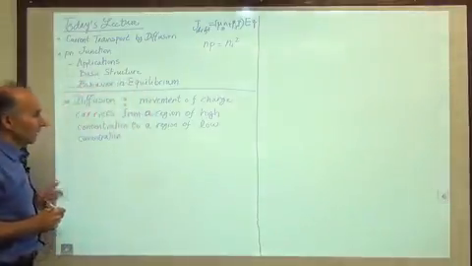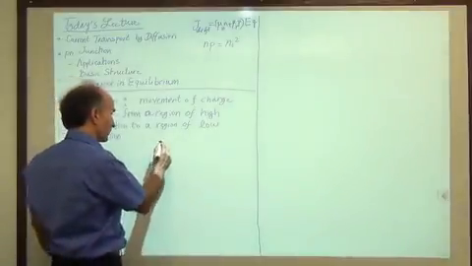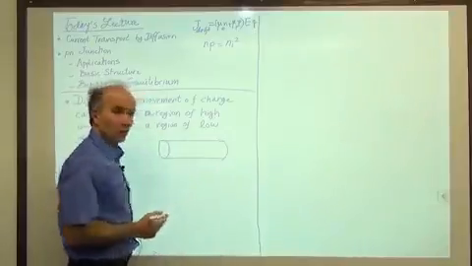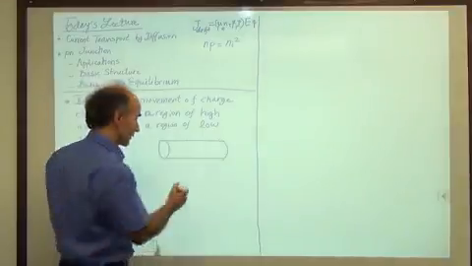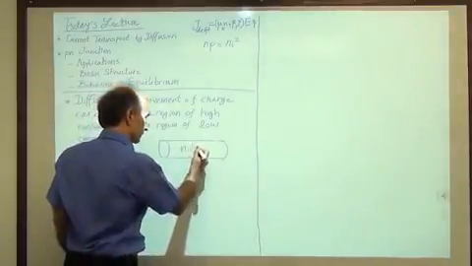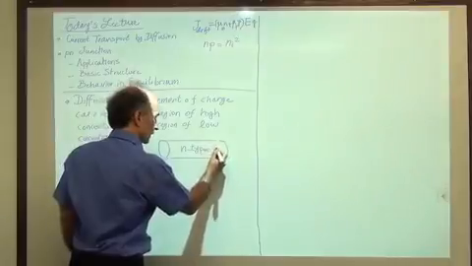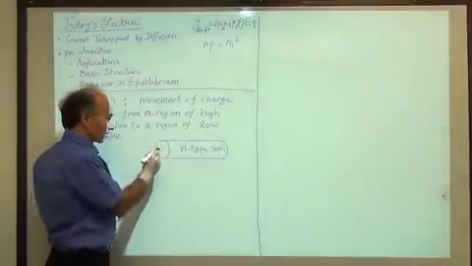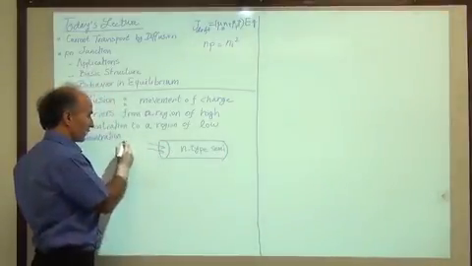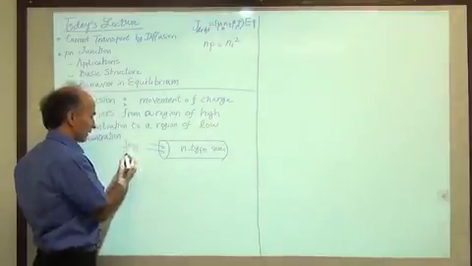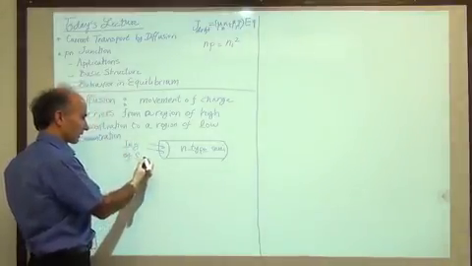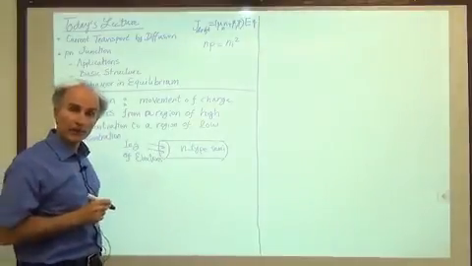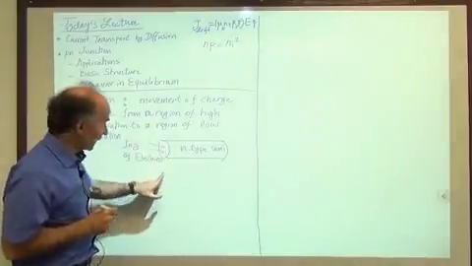So, all right, that means that if I take a piece of semiconductor, let's say N-type or P-type, doesn't matter. So let's say N-type semiconductor, and somehow I inject electrons into here. So if I inject electrons here, right around here we have a high concentration.